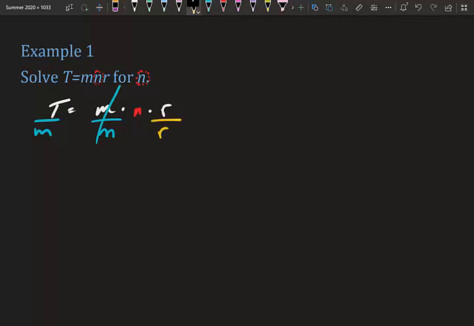So we also need to divide by R. So when we do, we're left with T over M times R, so MR. And that equals N. We're done. Everything is solved for. N is by itself. That was the goal, to get it by itself, meaning nothing to the left, nothing to the right. So that's our solution.